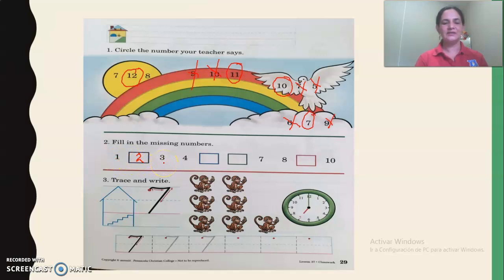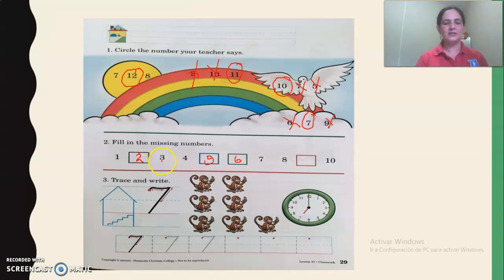Very good. Let's continue. 4. And then, what number is coming after number 4? 5, yes. Number 5. And then the number 6, 7.